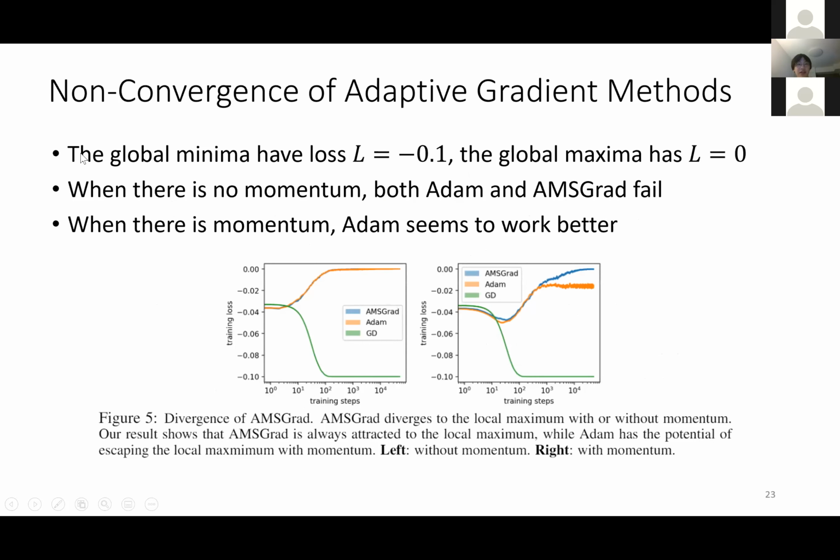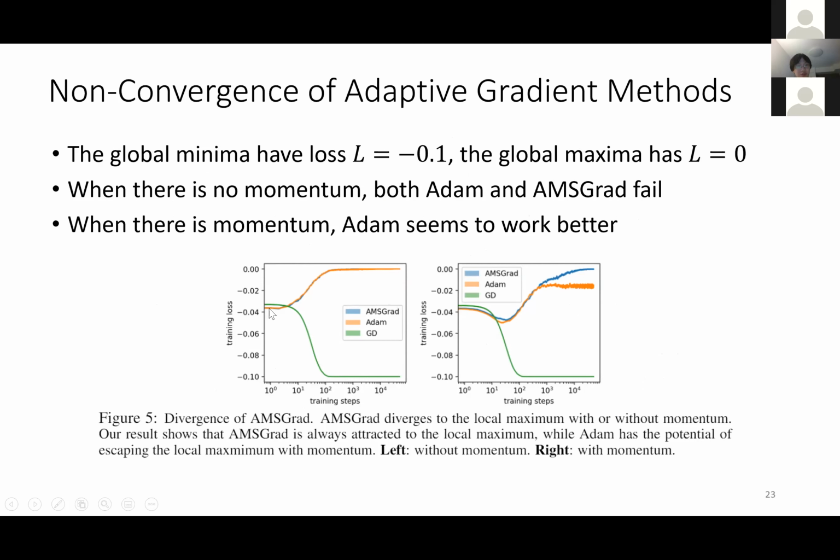For this problem, the global minimum has loss L equal to -1, and the global maximum has loss L equal to 0. The left figure shows what happens if we don't add momentum. For reference, we also show the performance of Adam and of gradient descent.